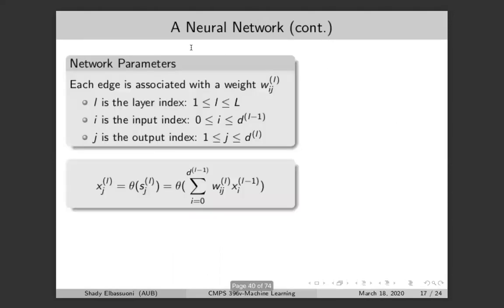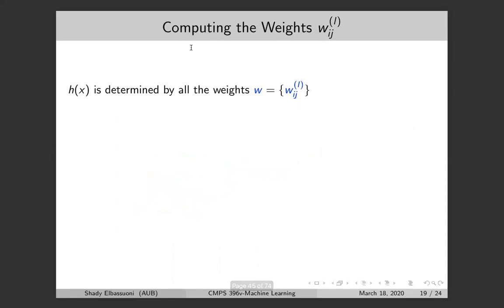All right. So now we want to learn these weights. The final hypothesis is determined by all the weights Wij of L on every edge in the neural network. To compute it, we're going to use stochastic gradient descent, the gradient descent version that looks at a single example.